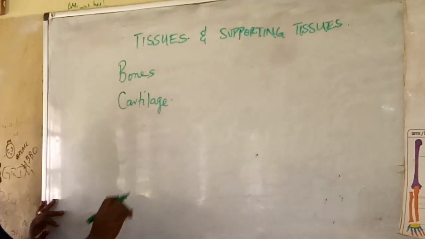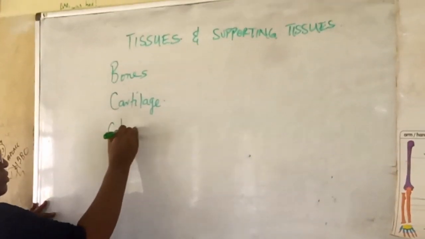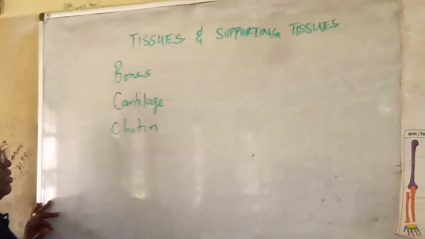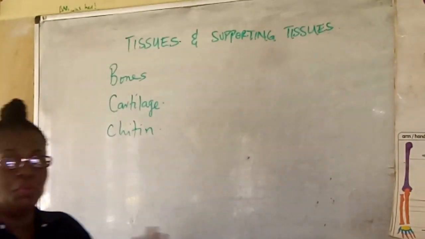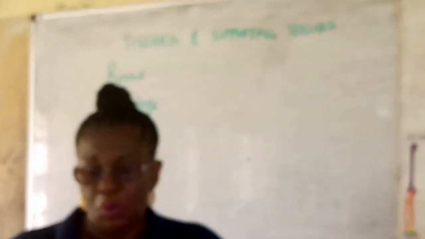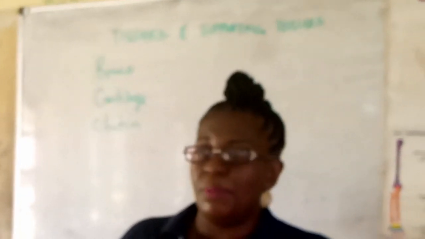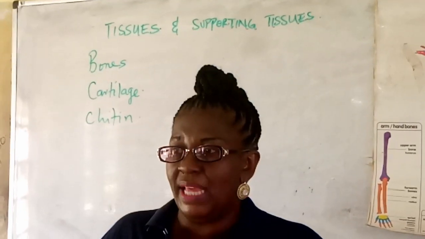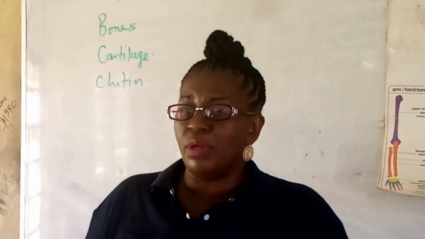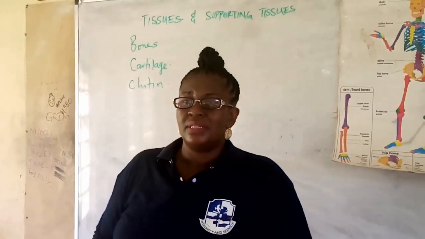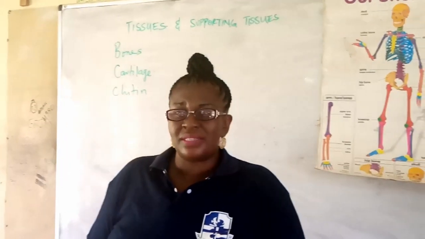You could also have chitin, as you can find in most arthropods, in the outer parts, especially of insects, which you are familiar with. Today, I'm going to be talking about this supporting system.